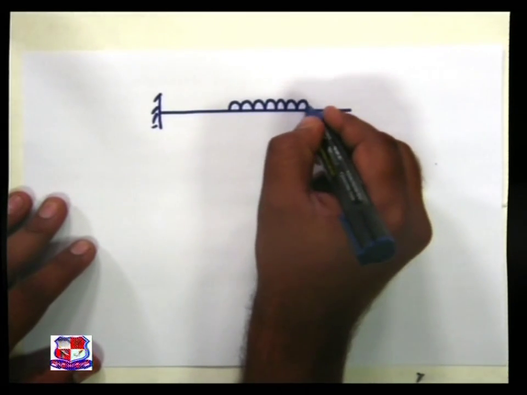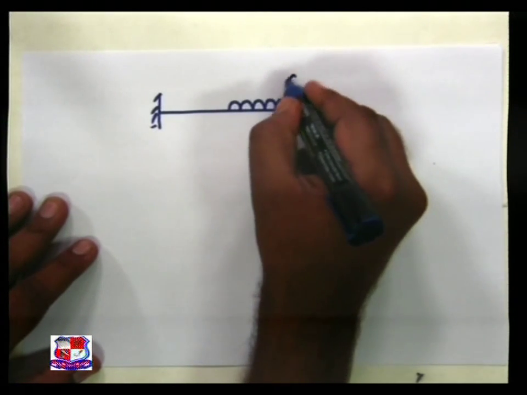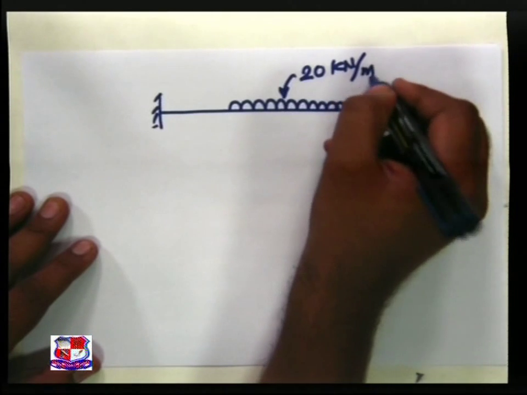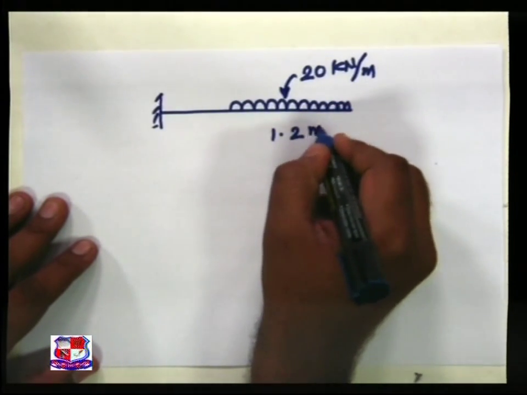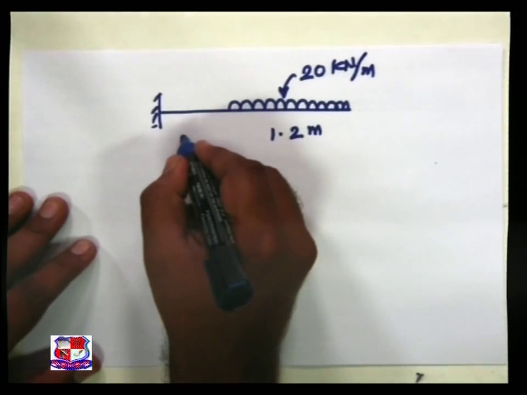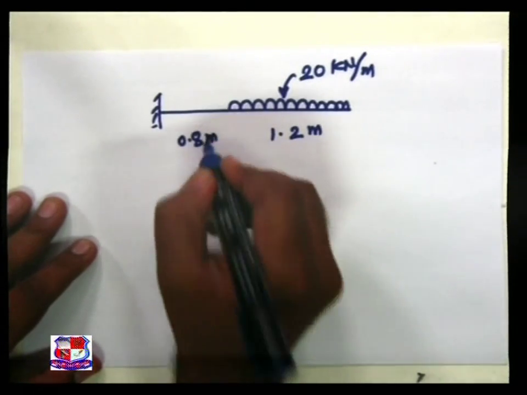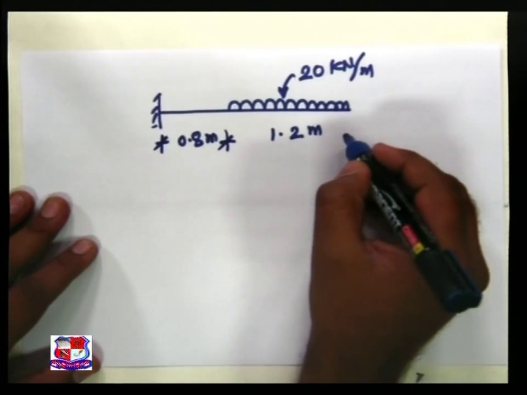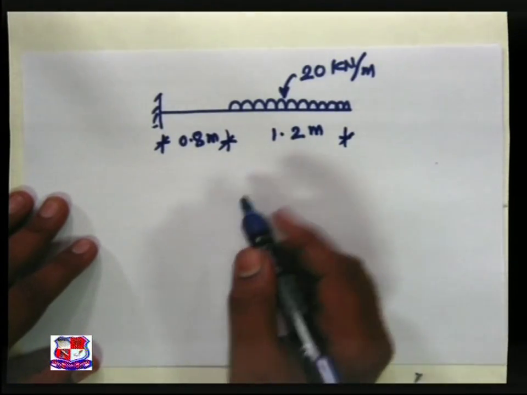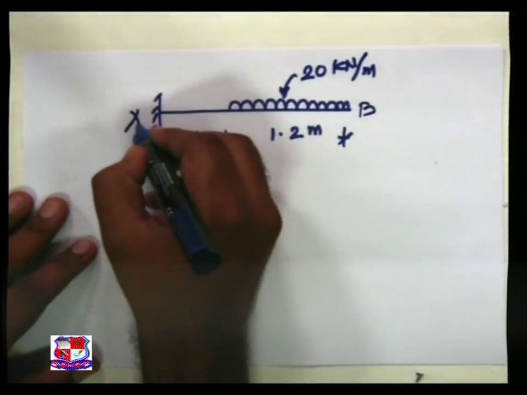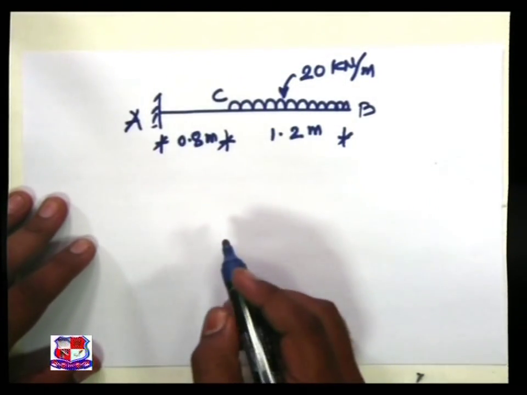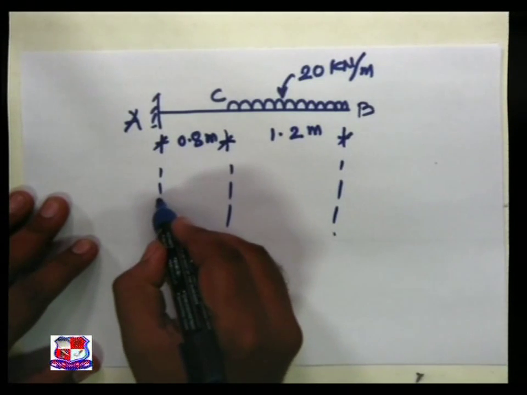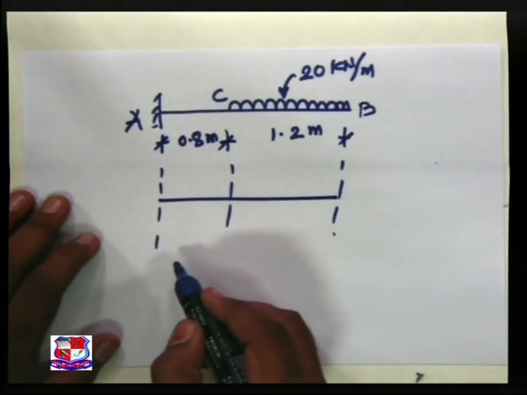The length of 1.2 meter is subjected to UDL, and this is 0.8 meter, with points B, A and C. Baseline.